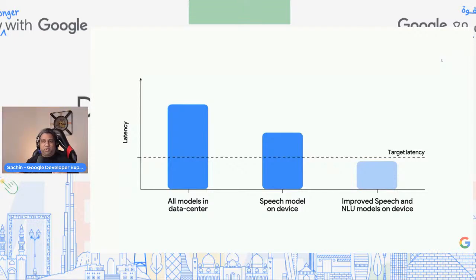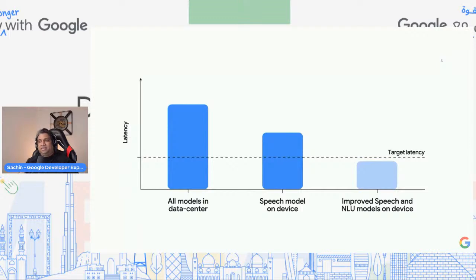But for machines to understand, it is a much more complex work behind the scenes. Now, we started off with all the models in the data center, and from there we could reduce the latency by having some of the speech models on the device.